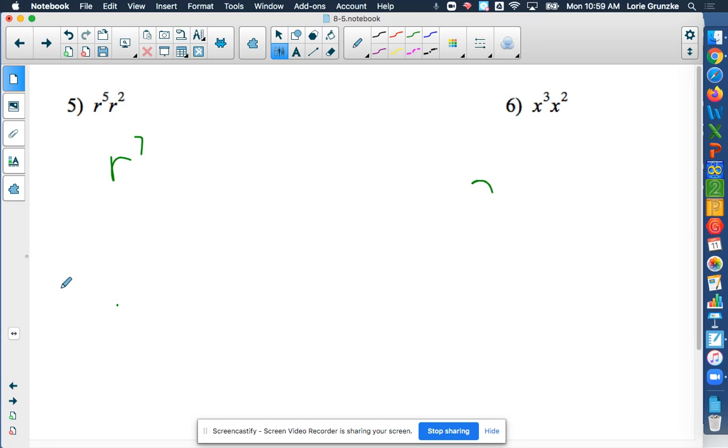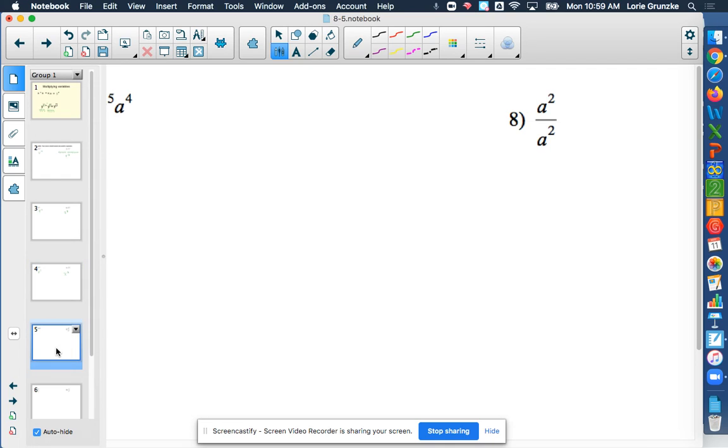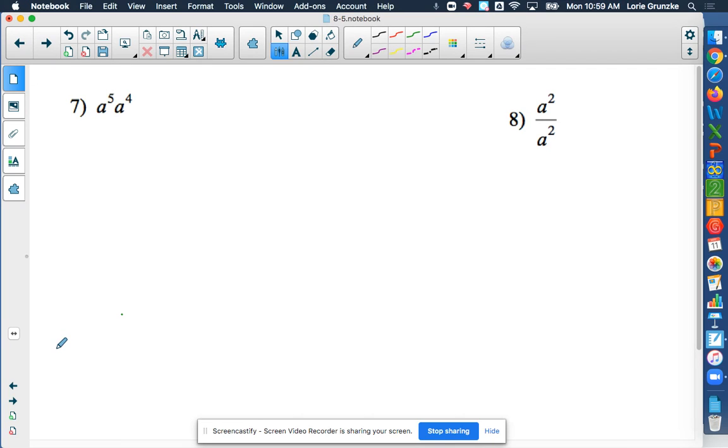X3, X2, I feel like I already did this one. 3 plus 2 is 5. A5, A4, 5 plus 4. Once again, the slow way. 2, 3, 4. There's my 5 A's. And then I have 4 more. And I'm going to do it the counting way. 1, 2, 3, 4, 5, 6, 7, 8, 9. So your answer is A9.